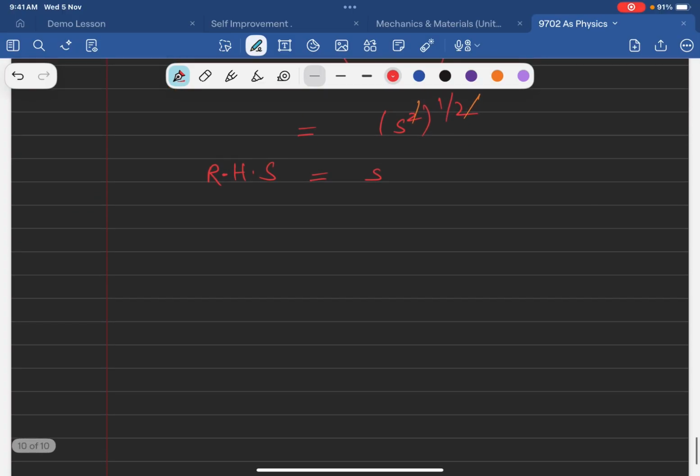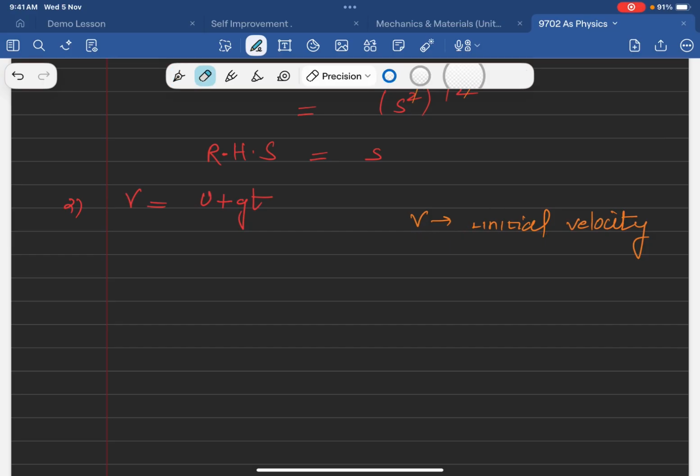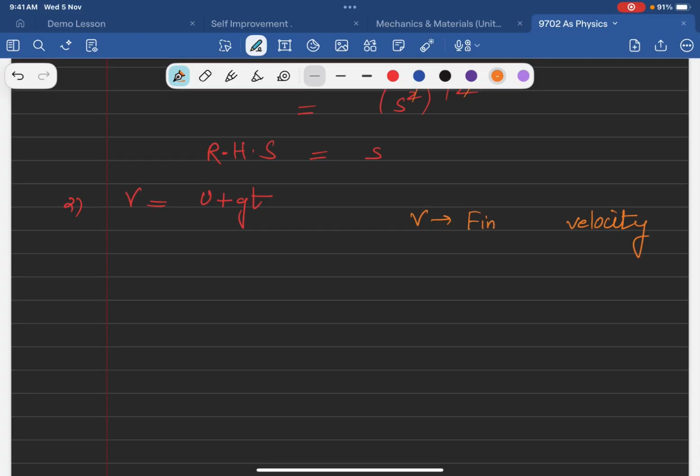Now let us practice one more equation. Let's say I have V is equal to U plus AT. So let me name the variables. V is final velocity, sorry for that, not initial.